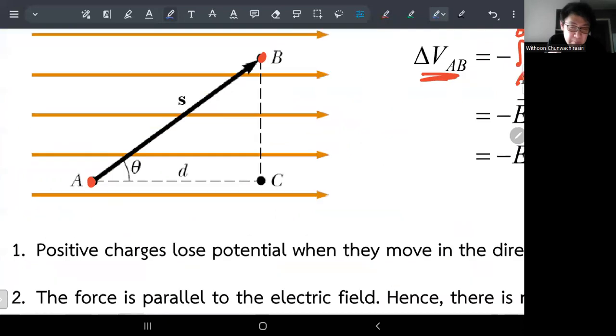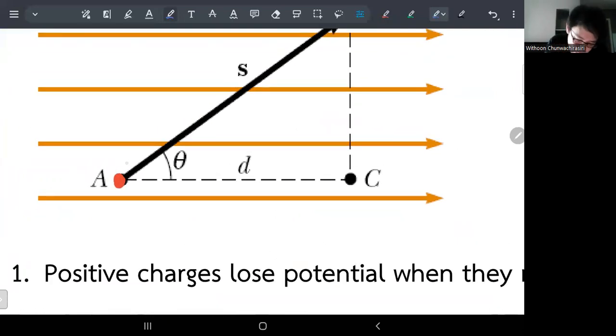The ds is just a tiny change in s. You can think of ds as just this: a tiny vector pointing along the displacement vector, where you slice it into a tiny piece. At any moment, E is pointing horizontally and ds makes an angle theta to it.